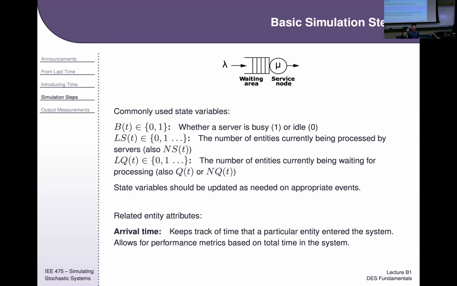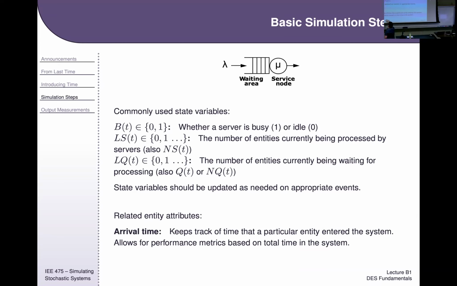In this model, it's either 0 or 1, but if there are multiple servers, it could be higher than 1. LQ is the number of entities waiting for service, and it could be infinite. There's no upper limit on LQ. So the work in progress is LQ plus LS. That's the number of entities currently in the system.